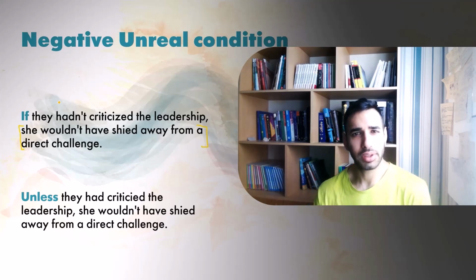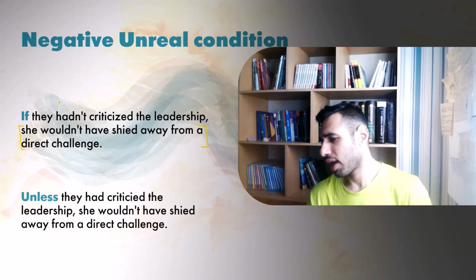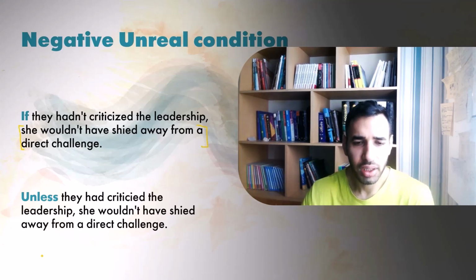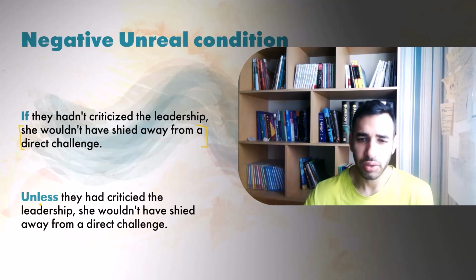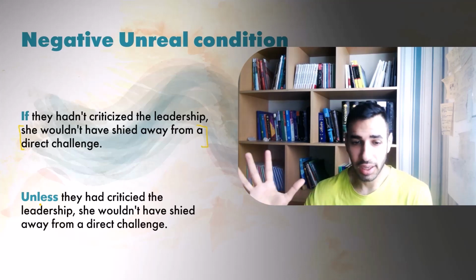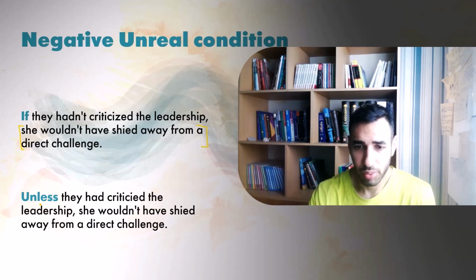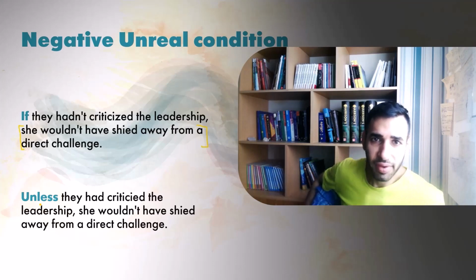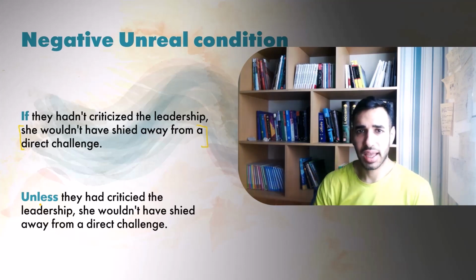Shy away means avoid with shyness. As you see, both if not and unless are correct, and the situation is unreal. They had criticized means they hadn't. Nobody had criticized the leadership, but if they had done, these things would happen.